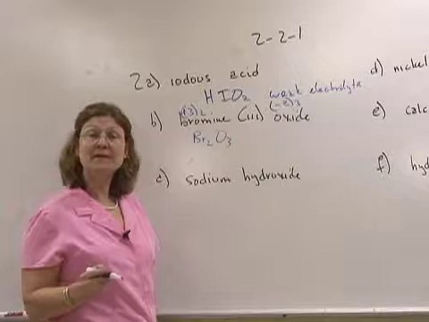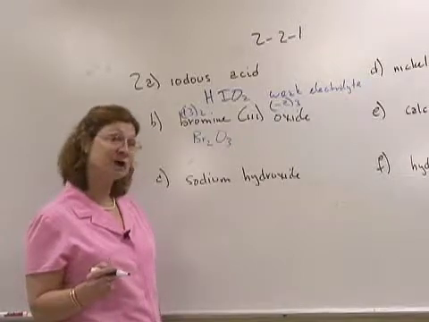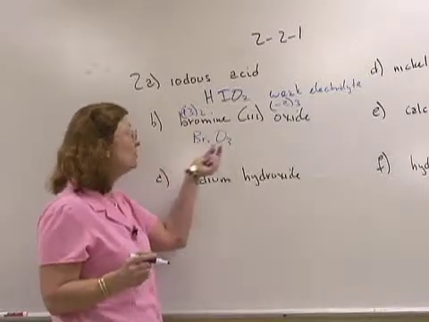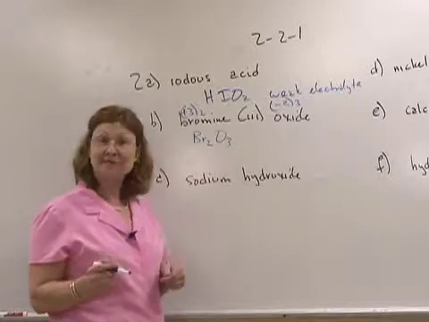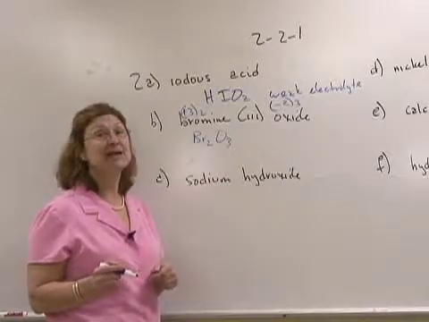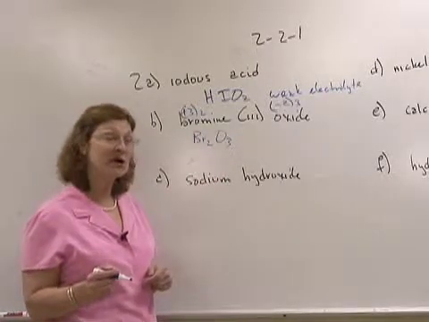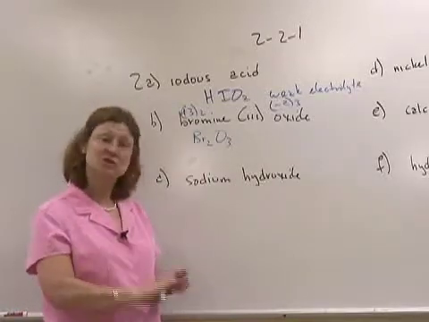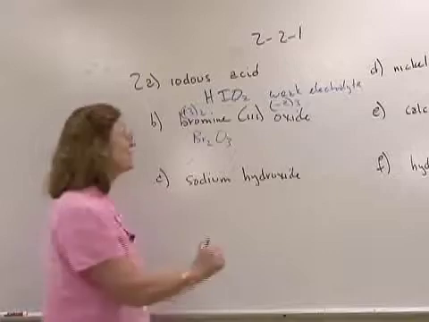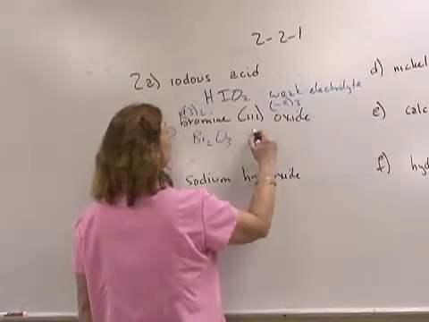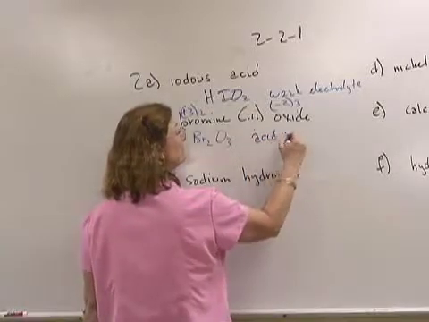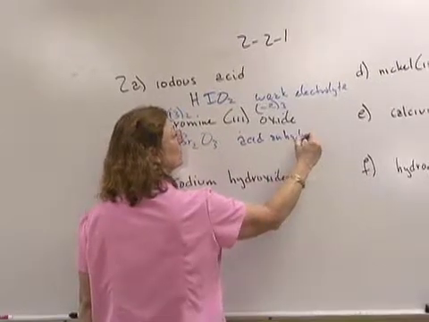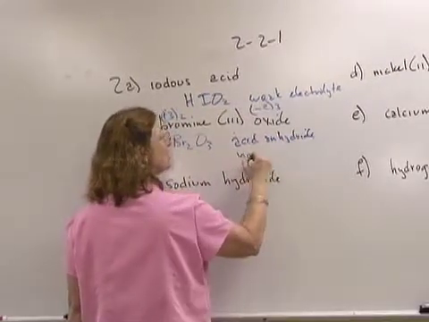Now, this compound is an acid anhydride. It is a nonmetal with oxygen, which by definition is an acid anhydride. Anhydrides are non-electrolytes. Only acids, bases, and salts are electrolytes. This is an acid anhydride, and it is a non-electrolyte.